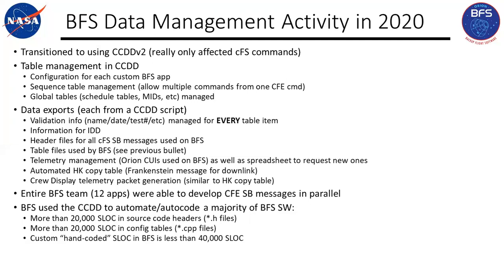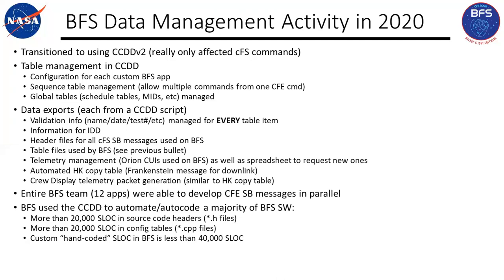We have the data exports. And again, each of these is done by its own separate CCDD script. We can get the validation information for all of our table information. We can get the IDD information that we use to define all our interfaces to the rest of Orion, the header files that we use, the table files that we use, all the telemetry that we have that has CUIs.